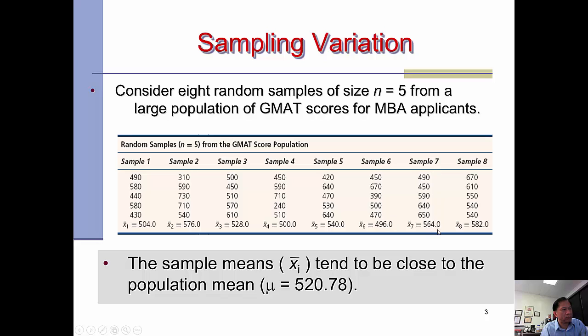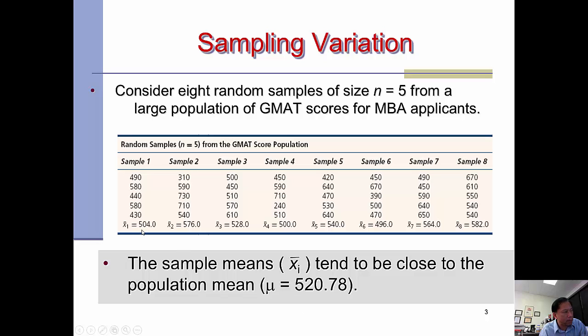Sample 7, 564. And sample 8, 582. So in other words, you can see that there's a variation. There's huge variation in the scores of the applicants, right? From as low as 310 to as high as 730. I believe that's the highest one, right? And there's huge variation from 300 to 700. And the mean is 520.